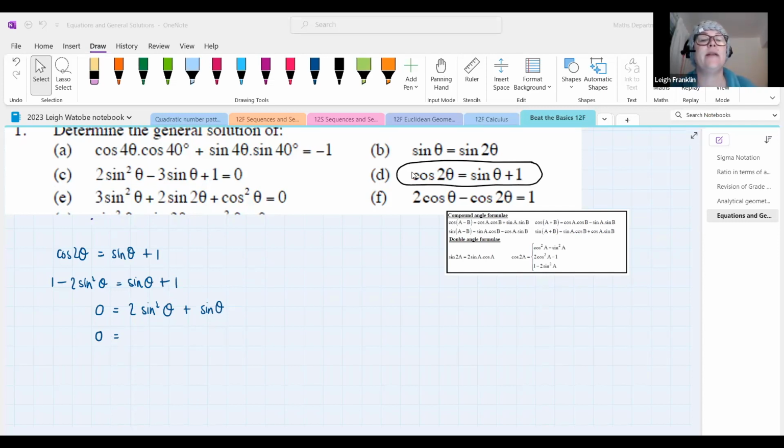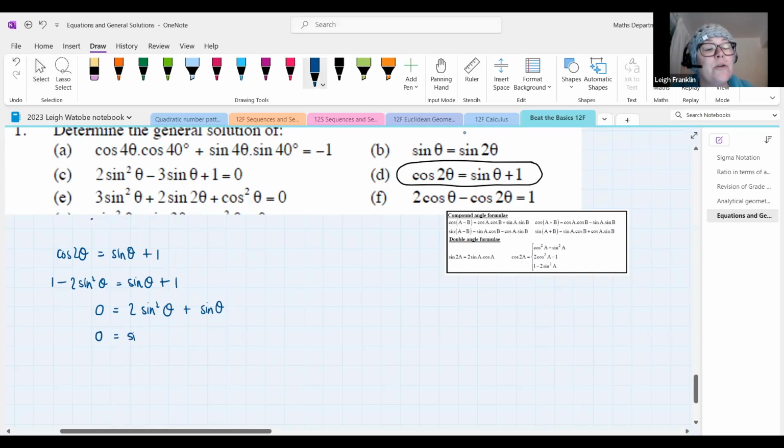That's it. So Nhlanhla says sine theta. Good. Okay, go for it, Nhlanhla. Carry on working. See if you can get this finished. And we're going to take out sine theta. So that's going to leave us with 2 sine theta plus 1.